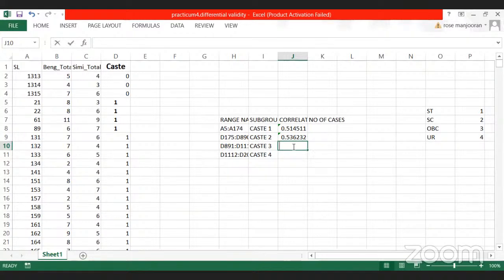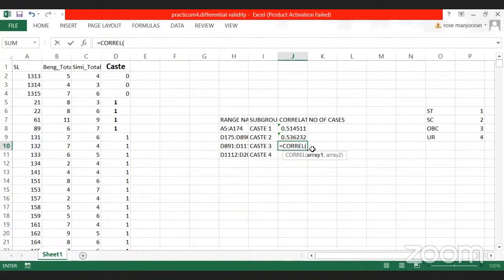Then similarly for CAS 3, we will write CORREL. Then again, you can do the range easily. I am typing fast, so we can cover other portions too.